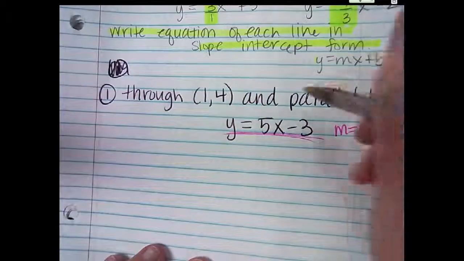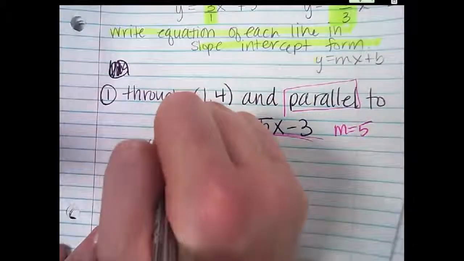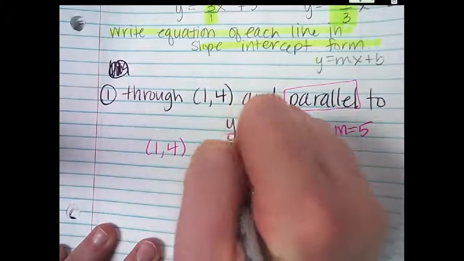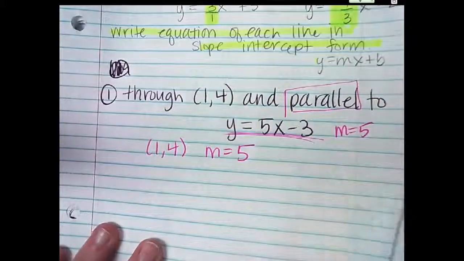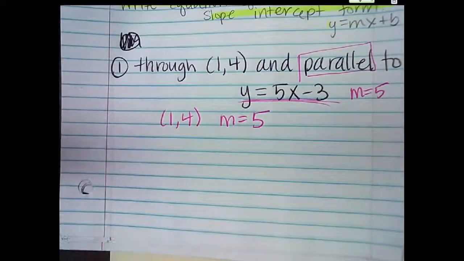If I'm doing parallel, what's my slope of my new equation? Also 5. So I'm going to use the point 1, 4, and I'm going to use a slope of 5, and I'm going to write the equation. So looking up there on the board, which equation did we use yesterday? Y minus y1, hopefully is the one I'm hearing.